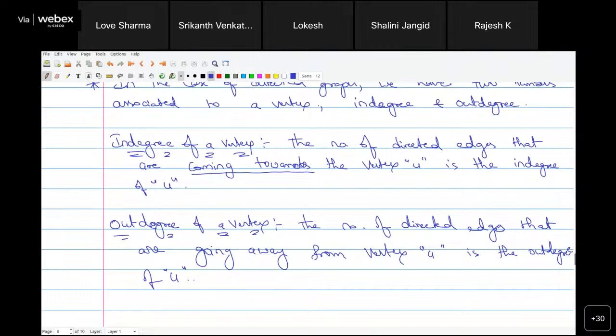So now in the directed graph case, we have two numbers. Each vertex will have two different numbers: one is called in degree and another is called out degree. In degree means the number of directed edges coming towards vertex u, so you have to count how many edges are coming towards u. That will be the in degree. And out degree means the number of edges going away from vertex u.